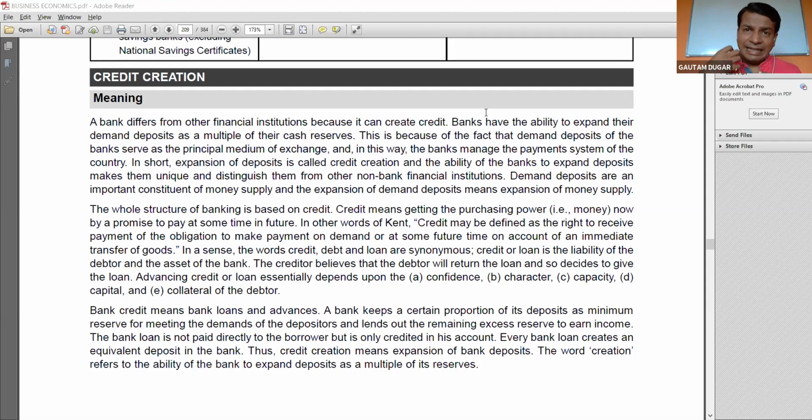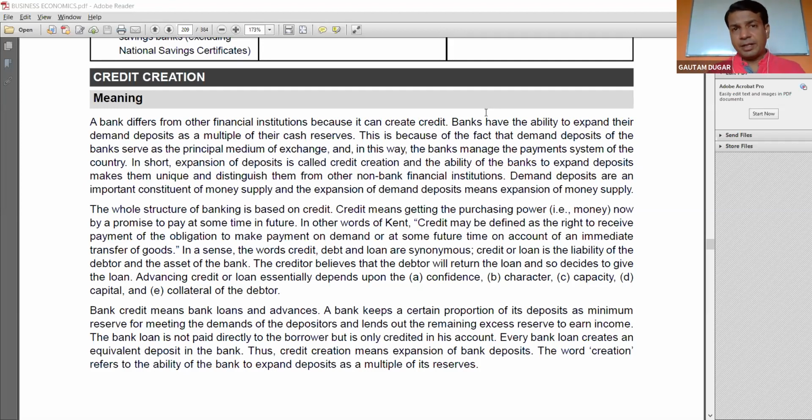Now, that 900 loan will create a loan account in the books of the same bank. This 900 will be withdrawn by the borrower by way of a check. That check will be issued to a third person. That person will deposit the check, suppose in bank B. Suppose the first bank was bank A, now bank B gets 900 rupees as a primary deposit.